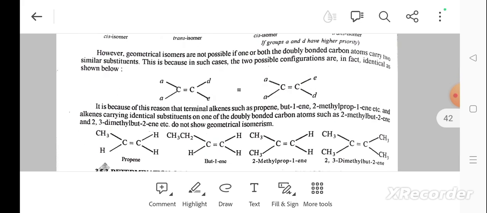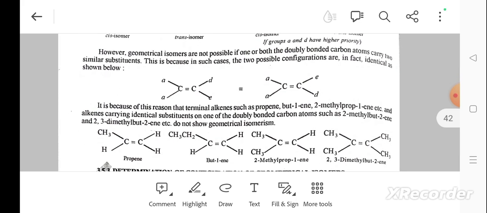However, geometrical isomers are not possible if one or both double bond carbon atoms carry two similar substituents. This is because in such cases the two possible configurations are in fact identical, as shown below.